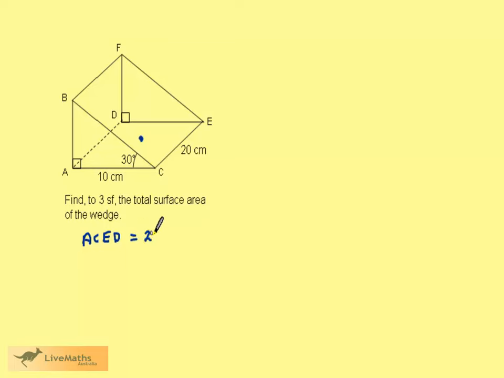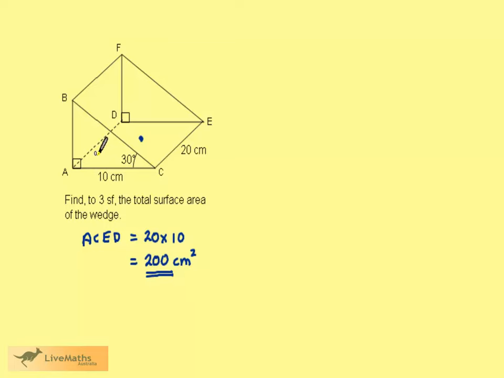So 20 times 10, which is 200 centimeters squared. Note here that this is an exact answer, so we don't need to worry about a number of significant figures.